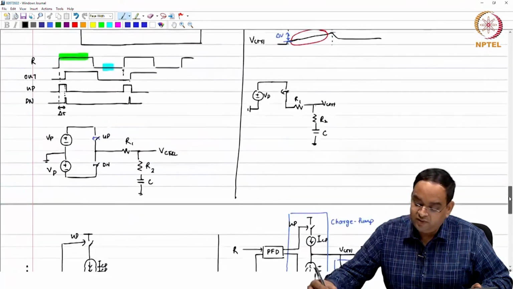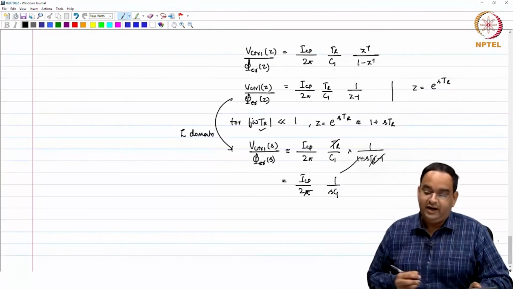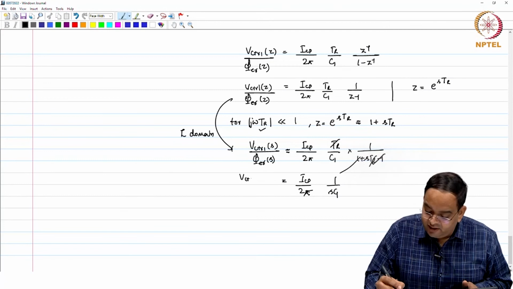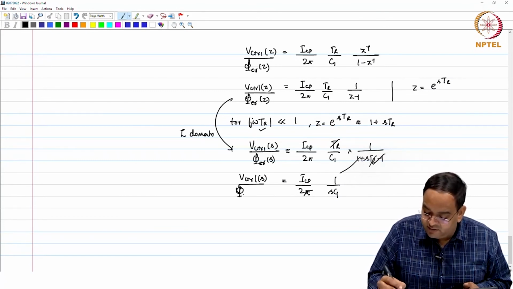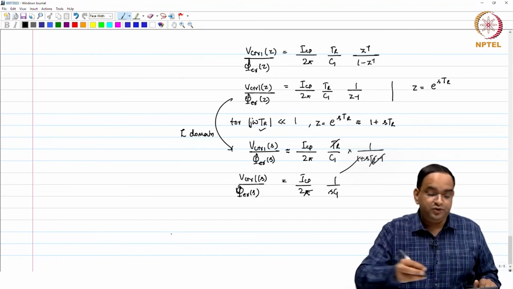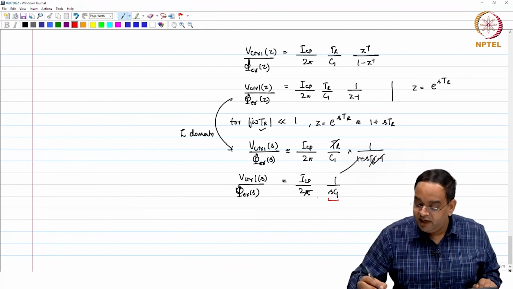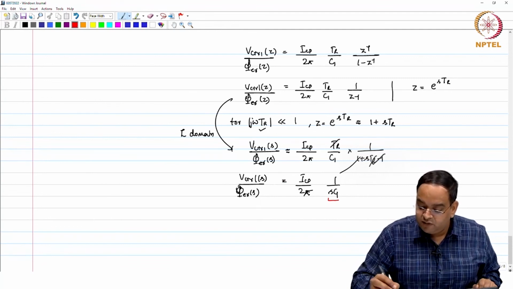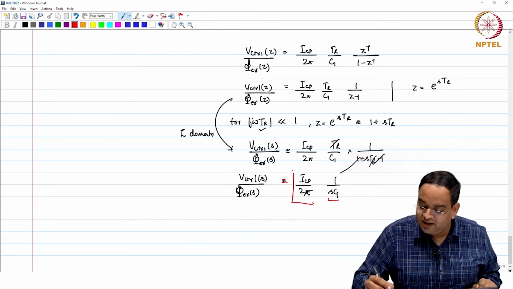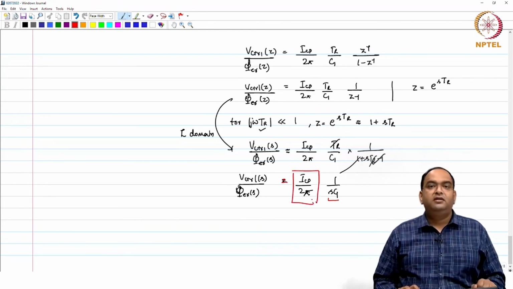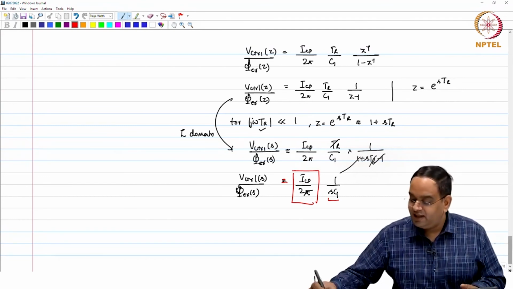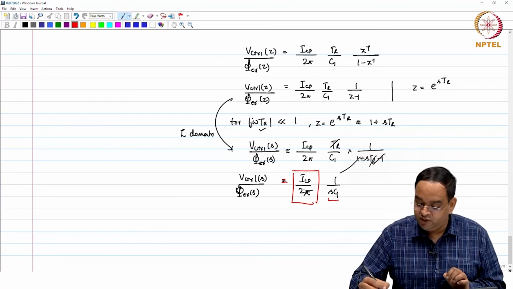All this math is to tell you that from phase error to the control voltage, if I assume that the role is played only by the capacitor, then there is a gain of I_CP by 2 pi. What are the units for this?